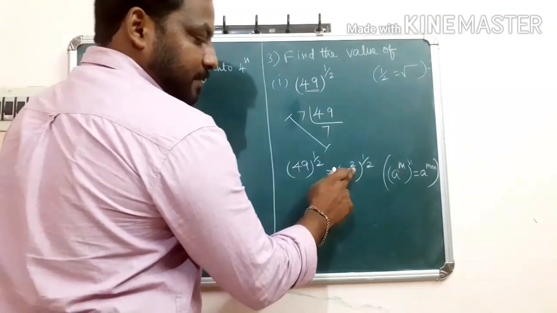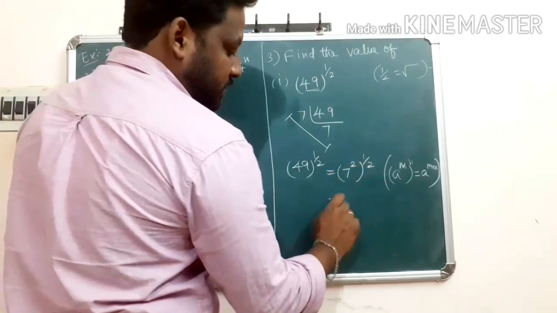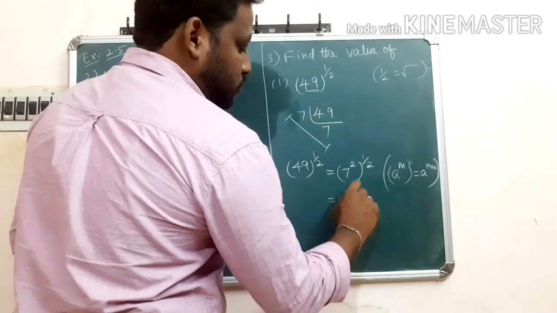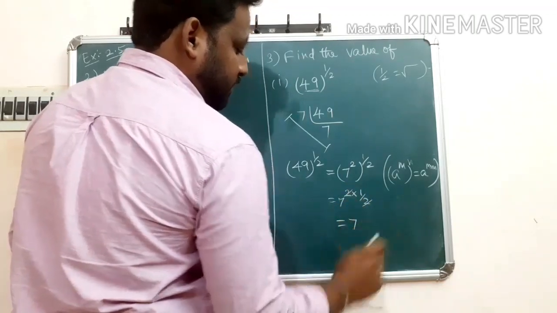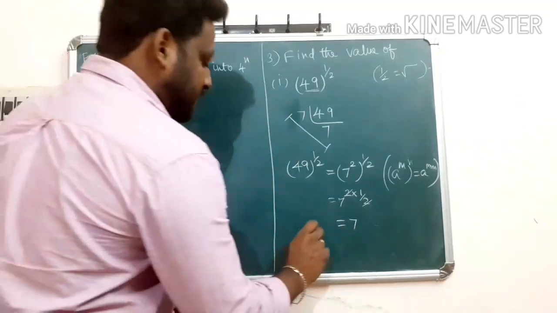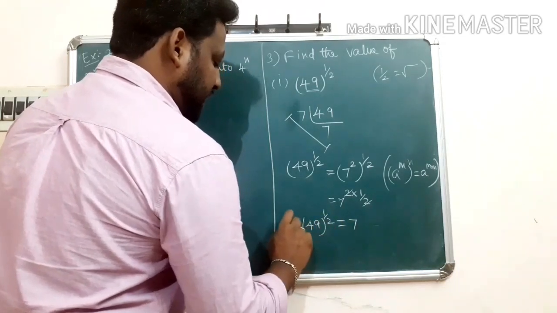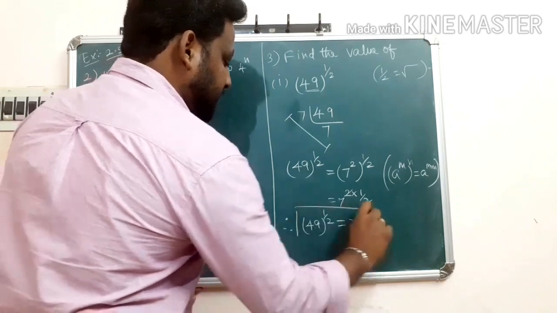Same here, m is equal to 2, n is equal to 1 by 2. So 7 power 2 into 1 by 2. So 2 will be cancelled, which is equal to 7 power 1, that should be written as 7. So 49 power 1 by 2 value is equal to 7.